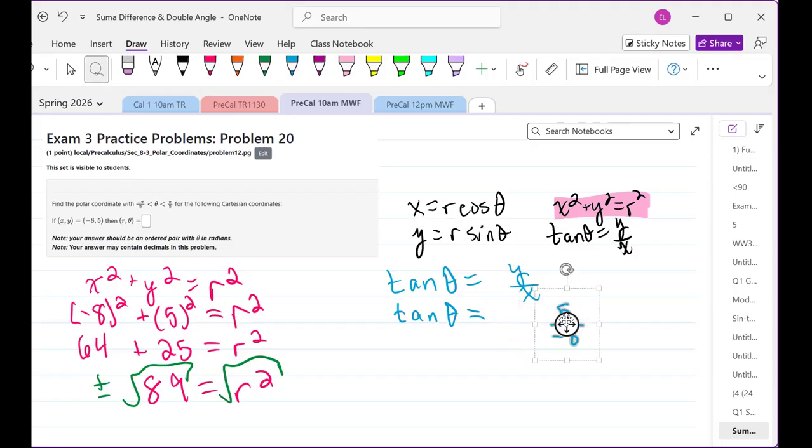To get rid of the tangent function, we're going to apply the inverse tangent function on both sides.